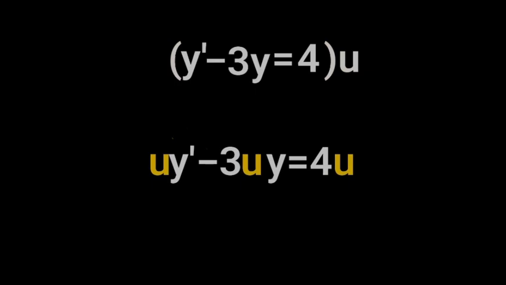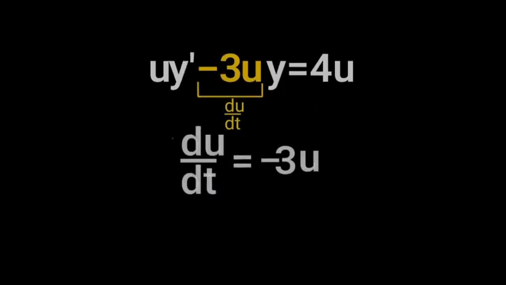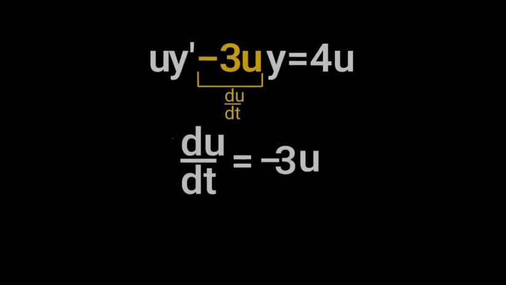So what we are looking for is du dt. du dt is whatever is in front of the function y. y is our function, so we pick up whatever value we have in front of y. That is negative 3u. So du dt equals negative 3u.